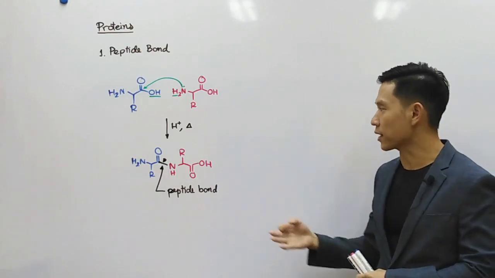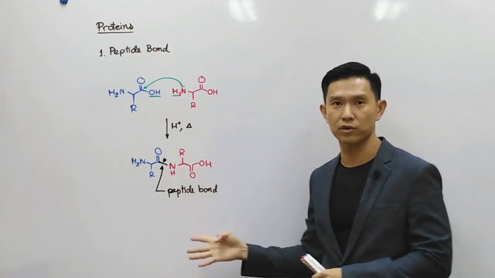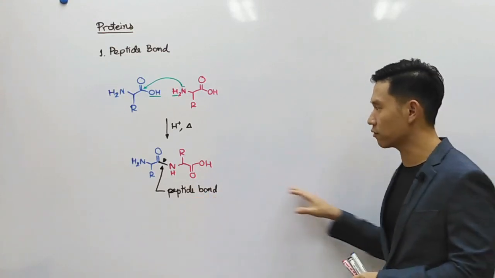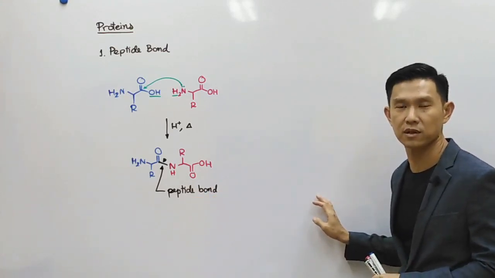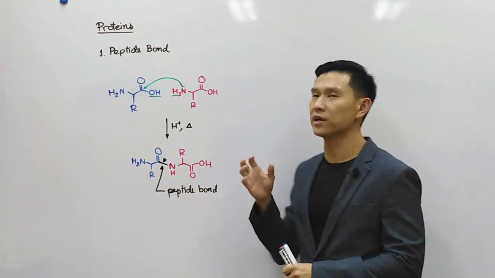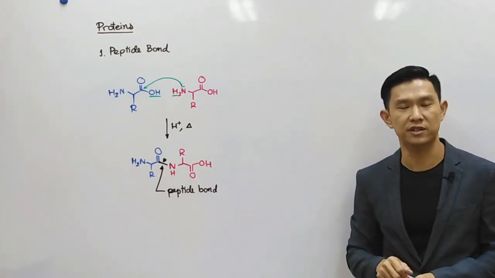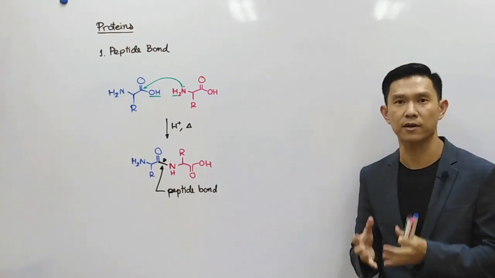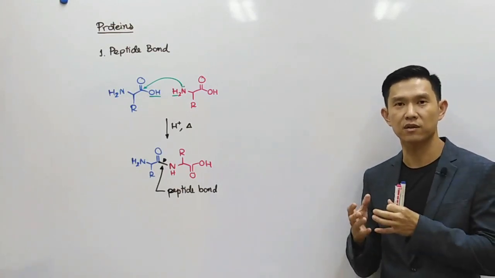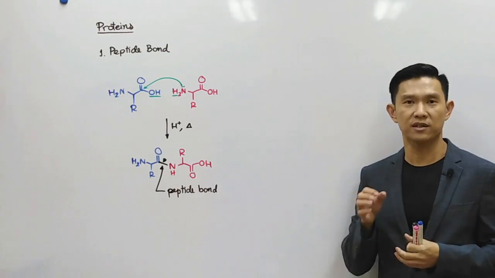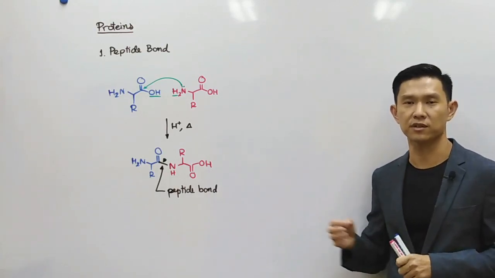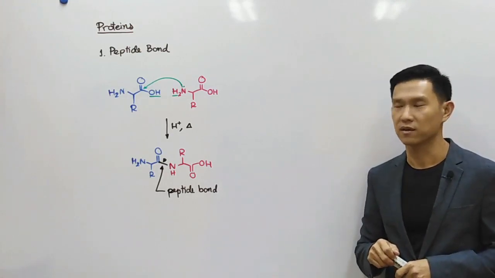So we can construct 3 units, 4 units, 5 repeating units, to endless repeating units. That means you cannot make proteins easily by just chemical reactions in a flask in your laboratory. This is why we have to use the DNA and RNA system to synthesize proteins.